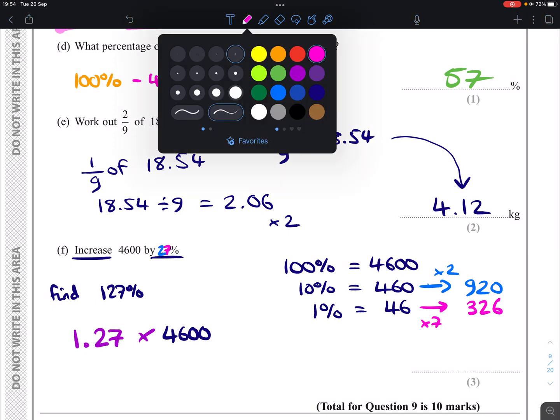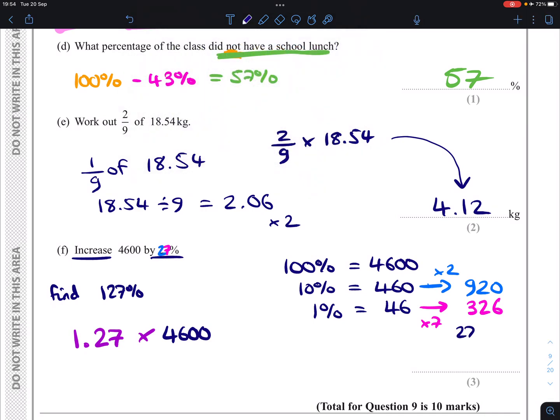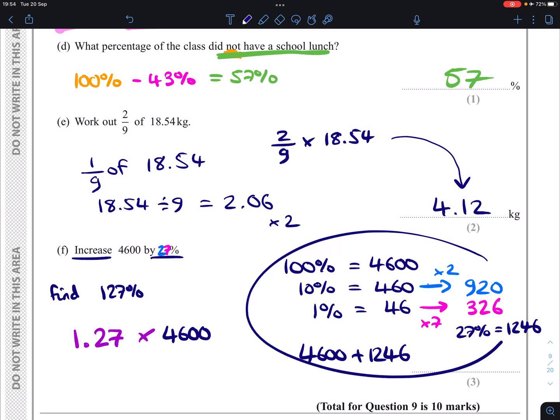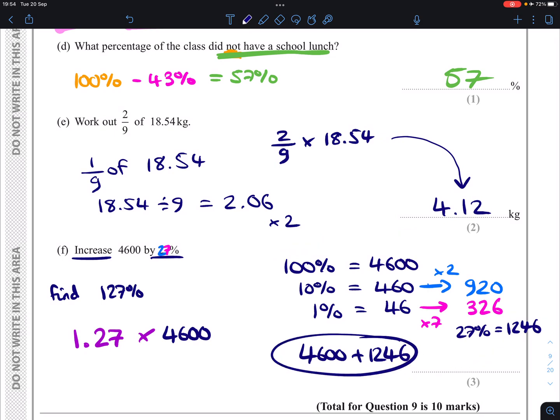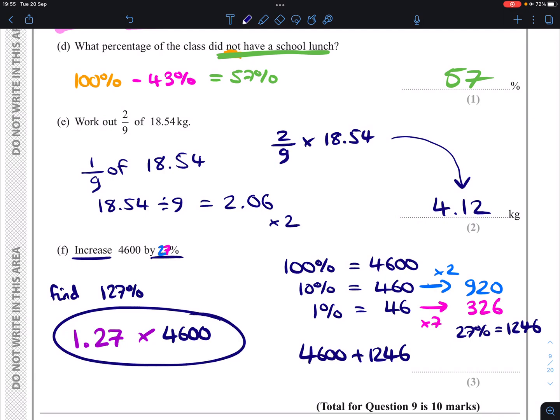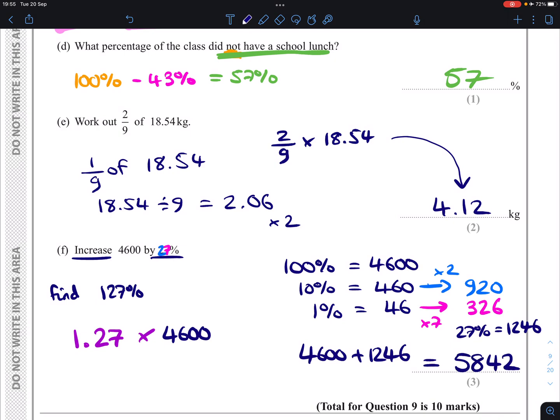And then I could add those together to get 27% overall, which would be 1242. And then after all of that, I can add it to 4,600. So I'd have 4,600 plus 1242. Whether you're using this method and adding it on to 4,600, or using a decimal multiplier to multiply 4,600 to get 127%, either way, you're going to get the answer 5,842. Done.